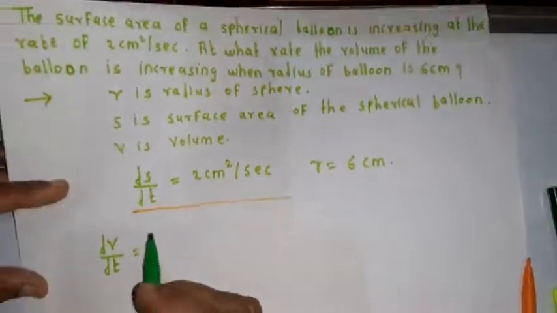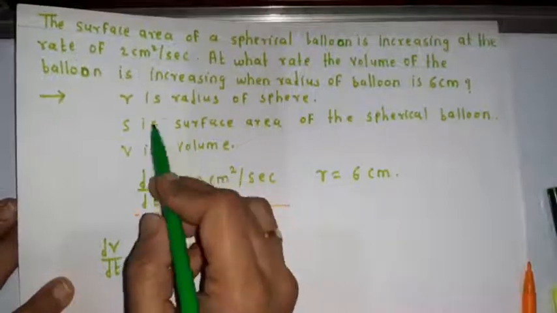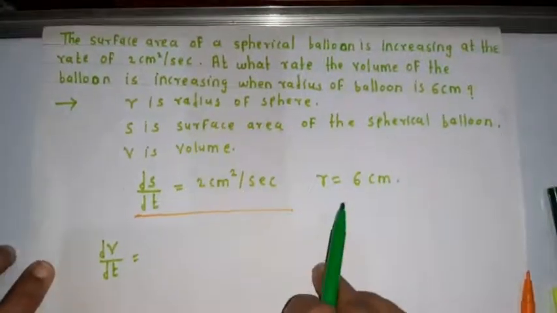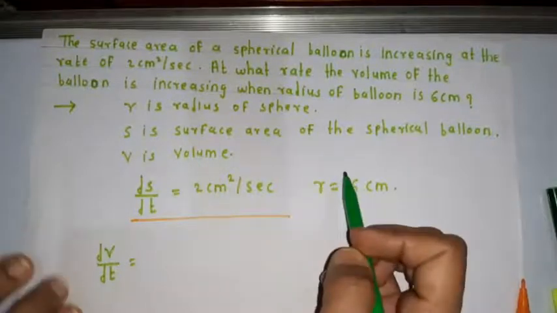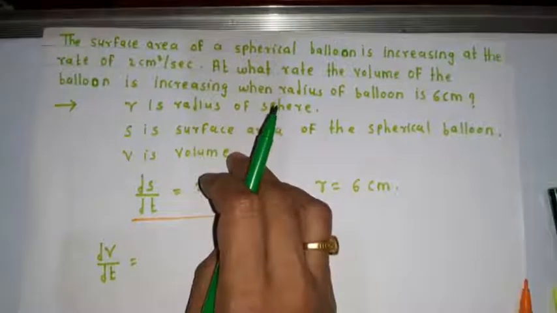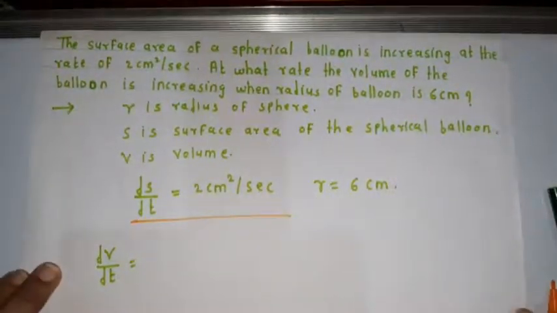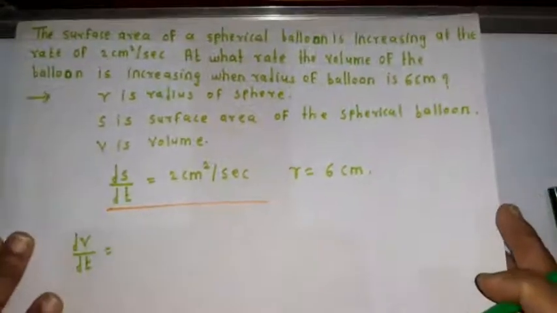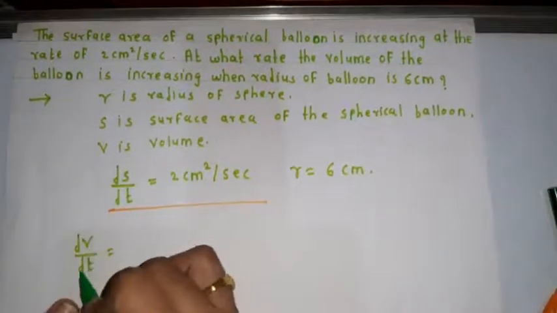Okay students, in a word problem, first write all these things step by step, then write down the given things, then write down the formula, and according to the requirement of the problem differentiate, and then we will solve. So we have to find dv by dt.